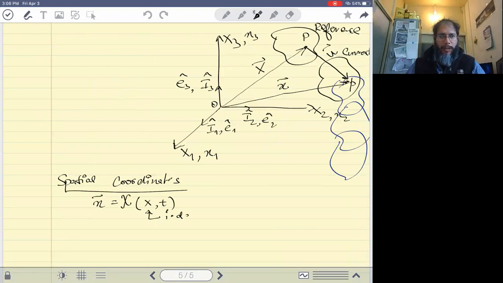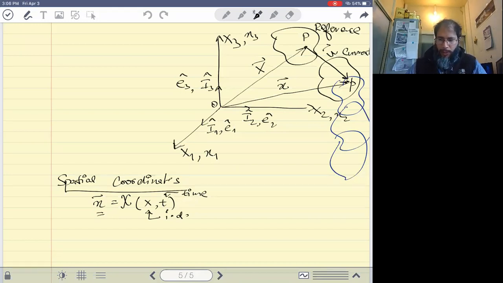What we're saying is that small x, which is the spatial coordinate of a given point, is a function of the ID of the point and the time. So you tell me the ID, which is, let's say, P, the identification of the point, and the time, and this function will tell you exactly where in space that point is now. That is, small x is a function of capital X and t.